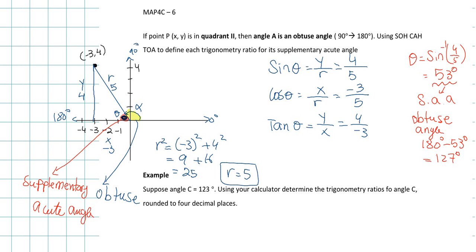So, here's the thing. I'm going to open a new page here. When I'm measuring angles in the Cartesian plane, I don't want you to write this, I want you just to pay attention to me. When I measure my angles in the Cartesian plane, I always measure from the x-axis and I go counterclockwise.